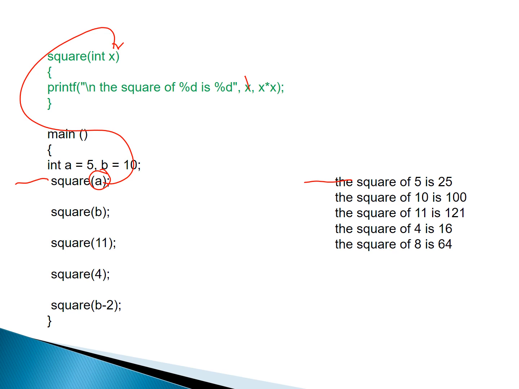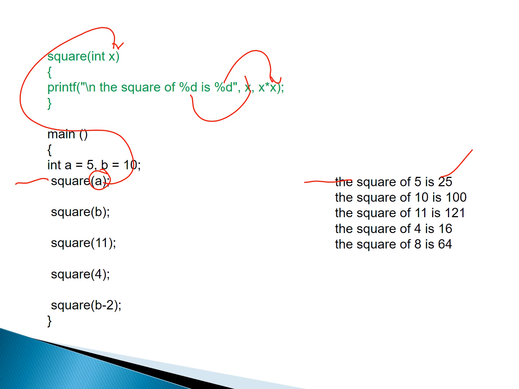The square of 5 is 25, because x multiplied by x, or 5 multiplied by 5, is 25. So that's how this printf statement will be executed.